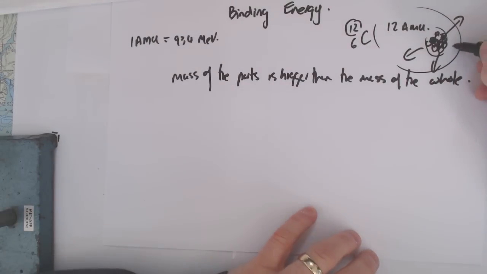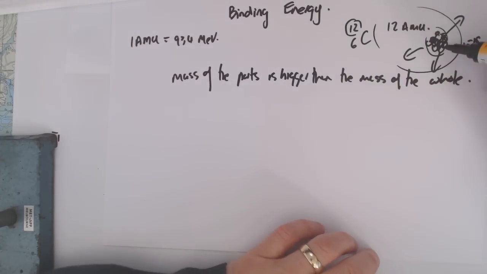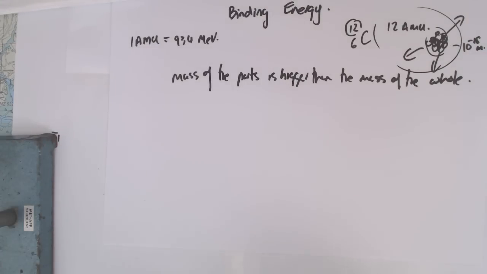This little distance here is down to about 10 to the minus 15 meters, right? At that point, you've got this incredibly strong electrostatic repulsion between the protons, but you've got now this third force, the strong force, which is the force of attraction within the nucleus. And so you'd have to pull against that to break the atom apart, and that would increase the potential energy.